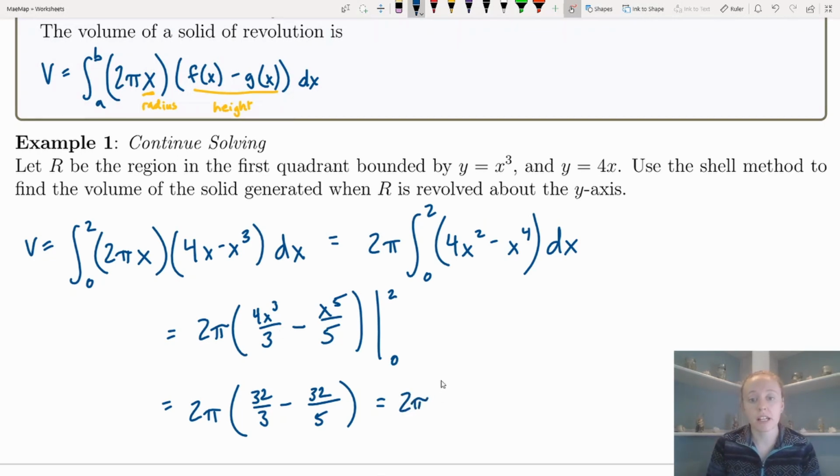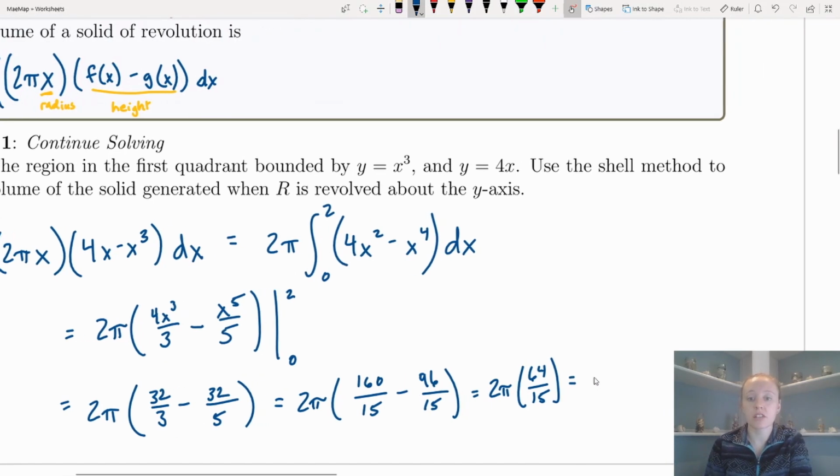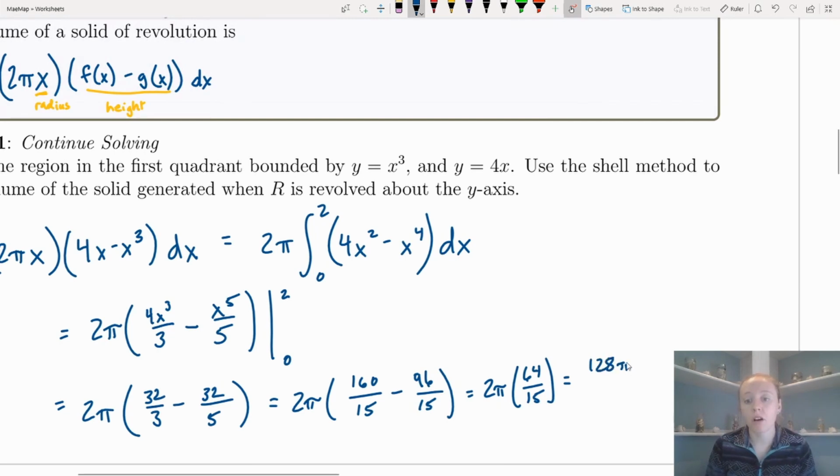So I'll have 2 pi times 32 times 5 is 160, so that will be 160 over 15, minus 32 times 3 is 96, so that'll be 96 over 15. 160 minus 96 gives us 64, so that's going to be 2 pi times 64 over 15, and 2 times 64 is 128. So our volume in example 1 is 128 pi over 15.